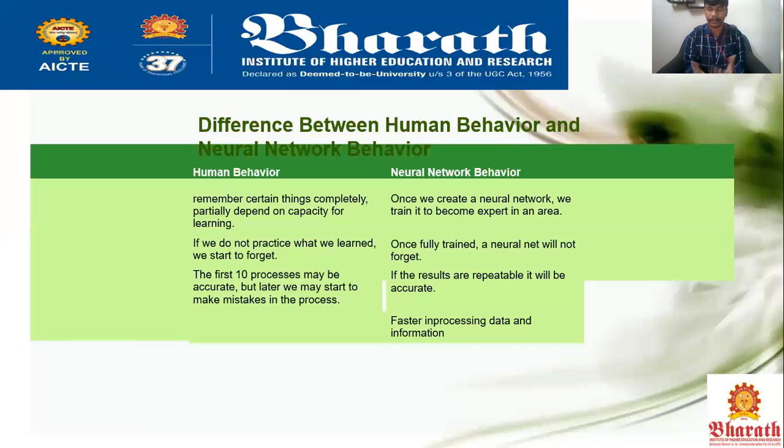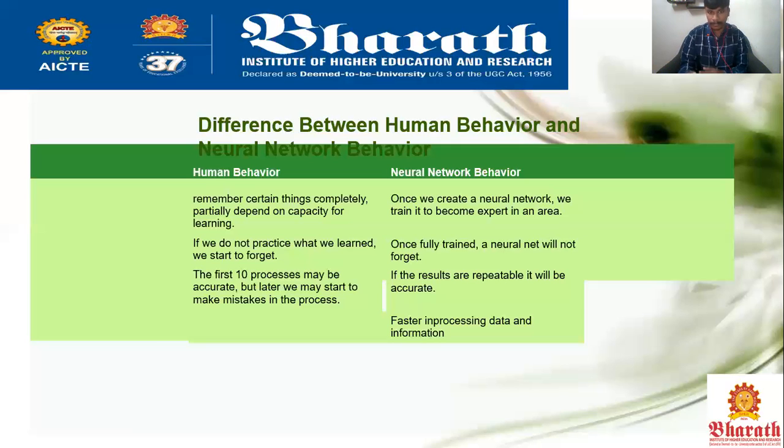If you are learning a function or a task, the initial part of that learning will be accurate. After that, we may have chances to make mistakes in that processing. That is the ability of human behavior, called the biological neural network.